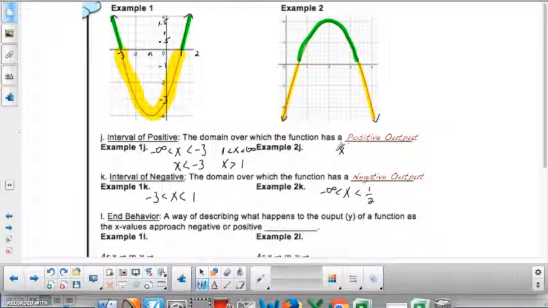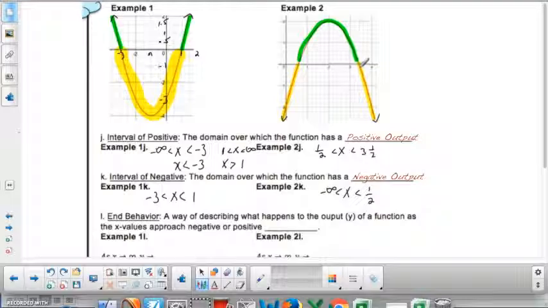So this is positive starting at 1/2 and continuing until 3.5, right here where we flip again. So 3.5 or 7/2, however you want to write that. That's my interval of positive, and that's the only time that it's positive.